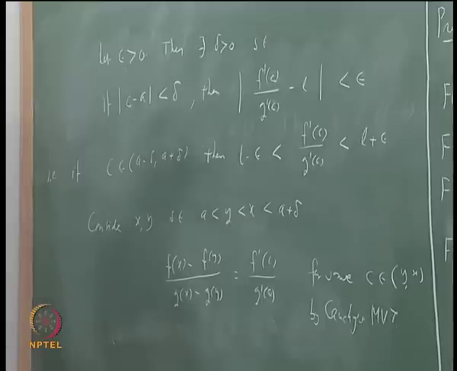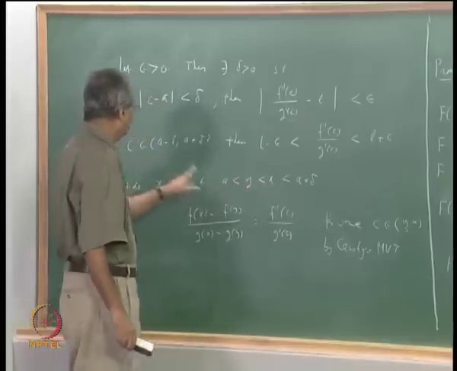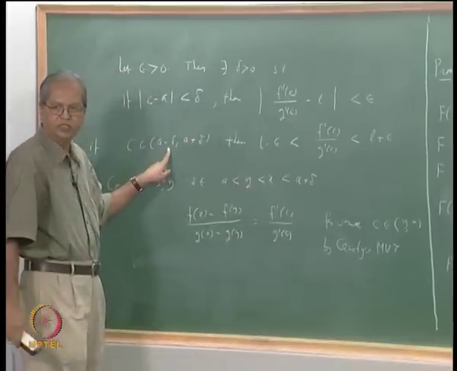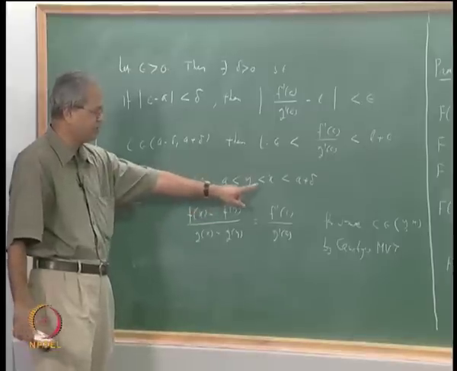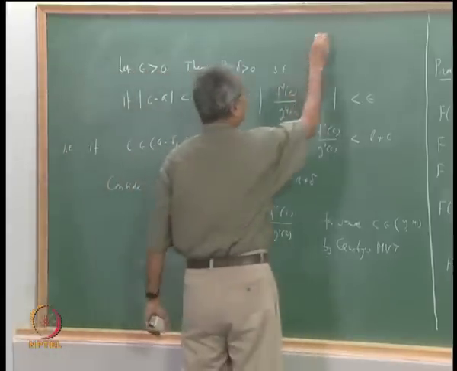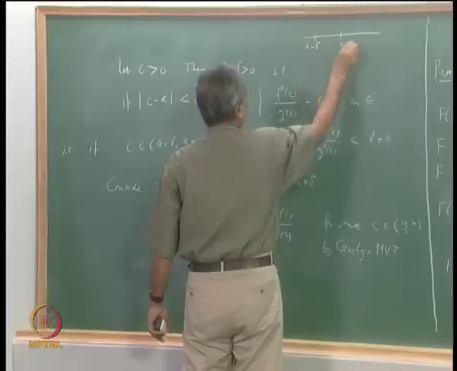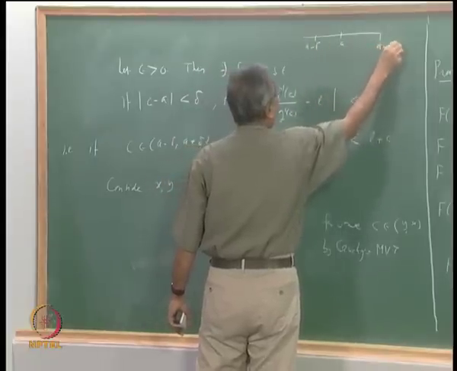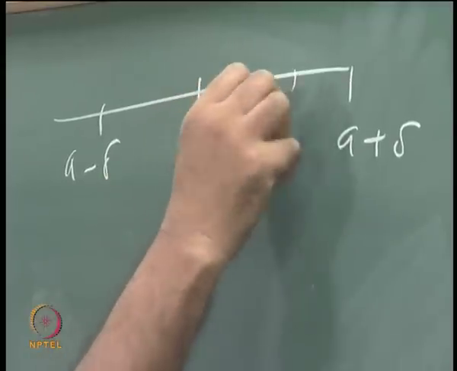Now is this interval y to x contained in this interval? Because a is less than y, remember if you just draw the diagram here, suppose this is a, let us say this is a minus delta, this is a plus delta, we have taken y here and x bigger than that.